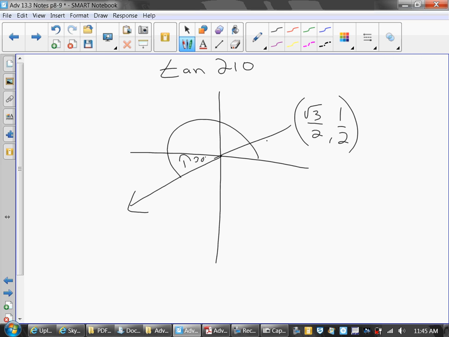Now, tangent, like you said earlier, tangent is y over x. So here you wind up with 1/2 divided by root 3 over 2. You get a complex fraction. Just rewrite it horizontally. 1/2 divided by root 3 over 2, which is 1/2 times 2 over root 3.